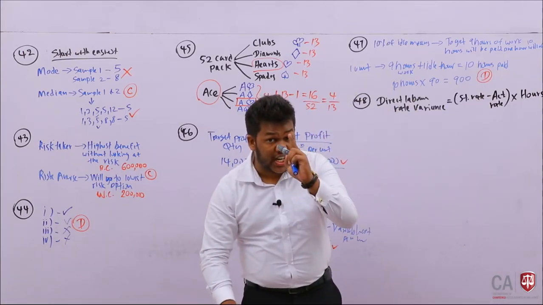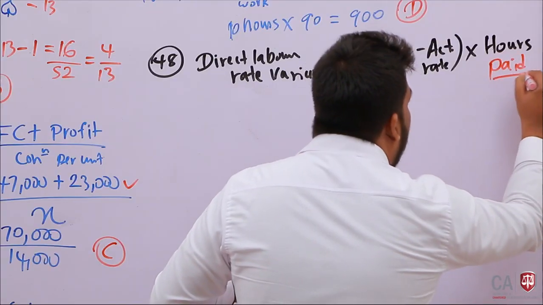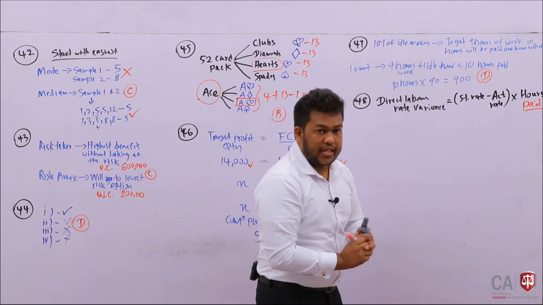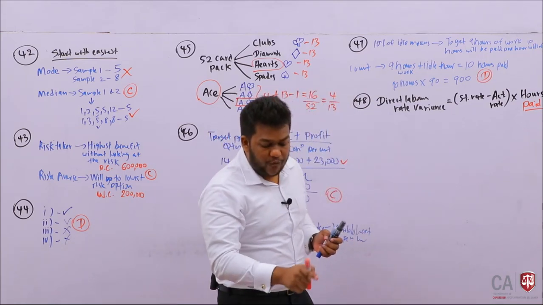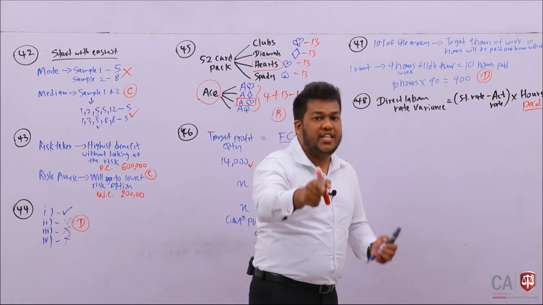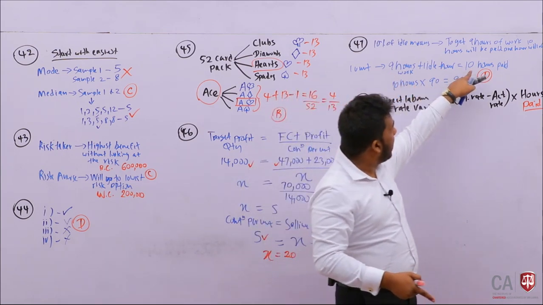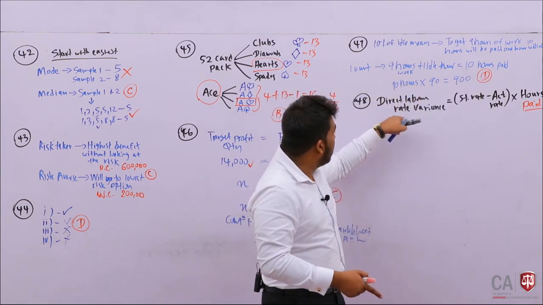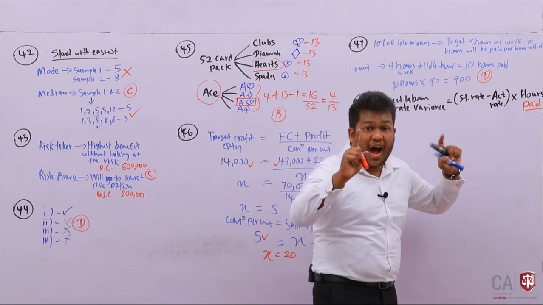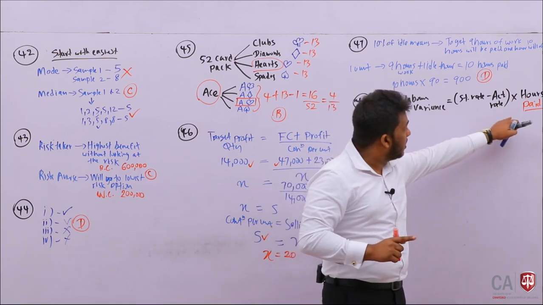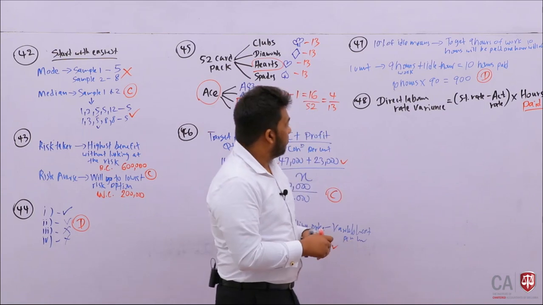Not the hours worked, but the hours paid. You don't care how many hours were worked, you only care how many hours you will be paid. In this case, working hours and paying hours are different. In the last question also it was like that. In direct labor rate variance, if you use the hours worked, your answer is incorrect. You have to put the hours paid.